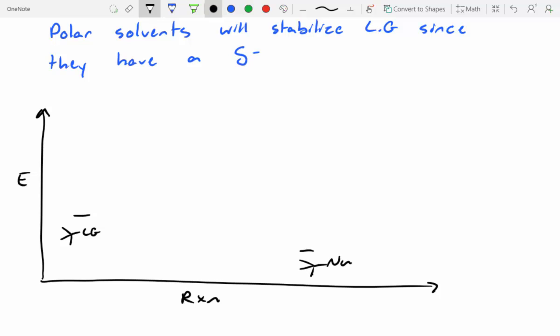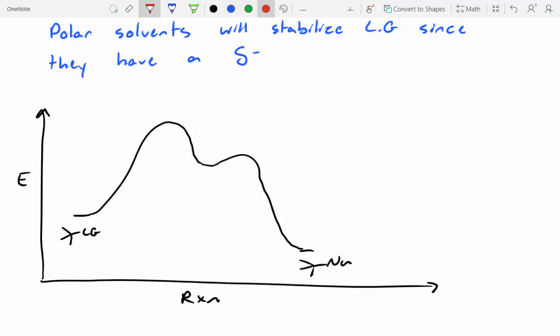How many humps will it take to get from my starting material to my product? Two for an SN1 reaction. We know this will be SN1 because we've got a tertiary electrophile. So this first hump is going to be rate limiting. And then we've got this little well. And then we've got another hump after that.